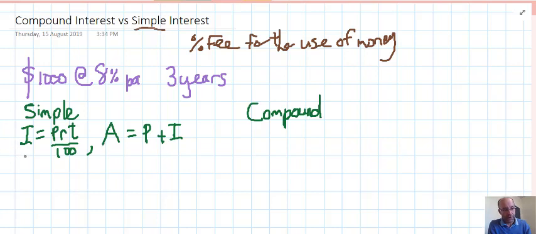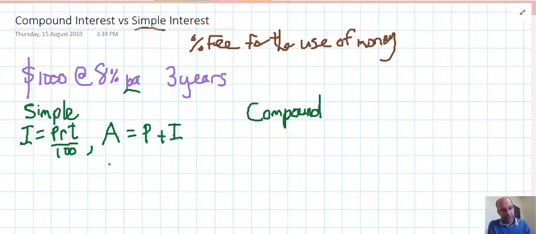So now we've got the simple interest formula, which you can see in green on the left. I equals PRT over 100. You might have seen something like that. There are a few little variations of that formula, but that's basically it. P is the principal, R is the rate as a percentage, therefore it is over 100, and T is the time in years because this interest rate is set up per annum.